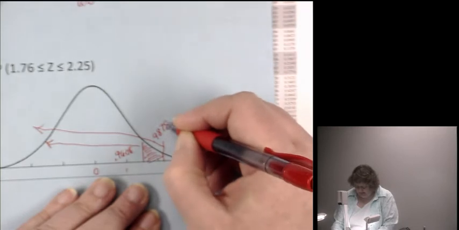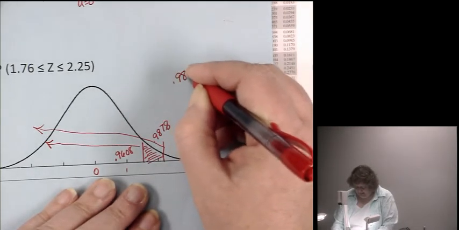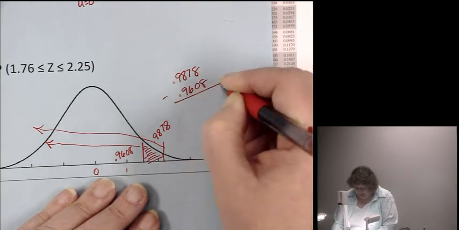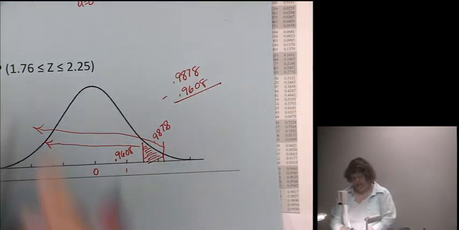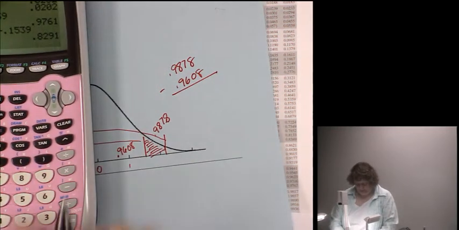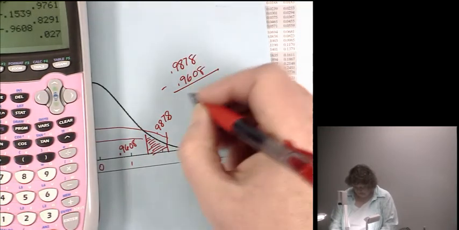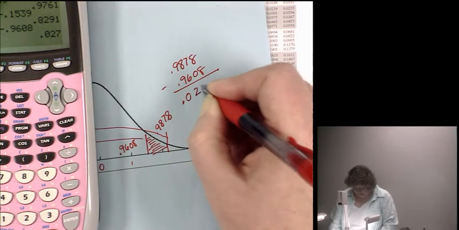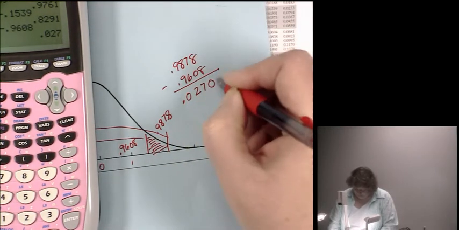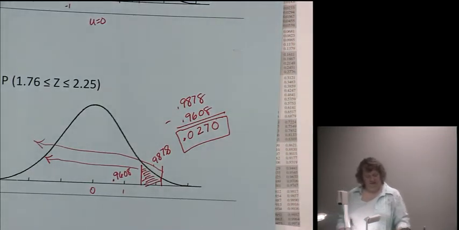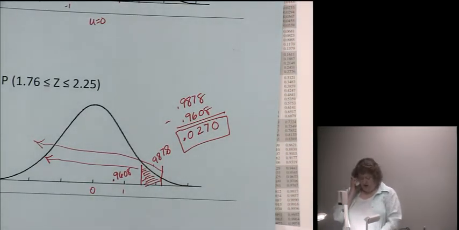So I want to take 0.9878 minus 0.9608. So the answer is 0.027.